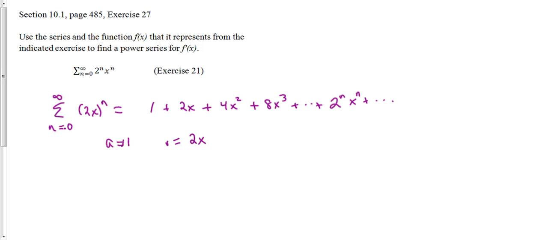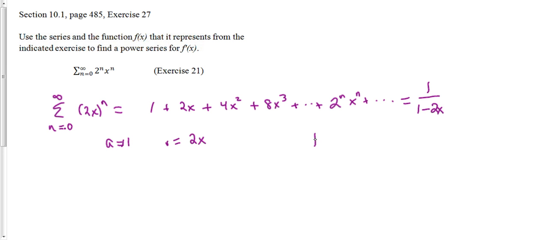And we know that the sum of this geometric series is going to be a, which is 1, over 1 minus r, which in this case is going to be 2x. Now, we always need to state the interval of convergence, especially for a geometric series. And we know that this sum is going to work as long as the absolute value of r is less than 1.